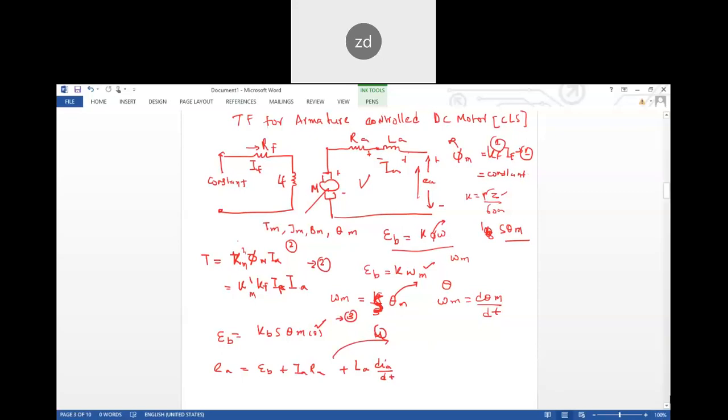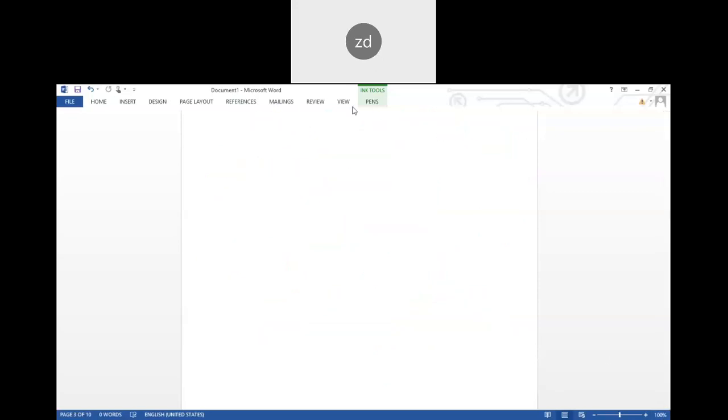The Laplace domain equation for this would be given in terms of EA of S, and the only term wherein there would be one extra S would be with respect to the inductor, IA of S. And we have RA plus S LA IA, and the rest of the terms are okay.